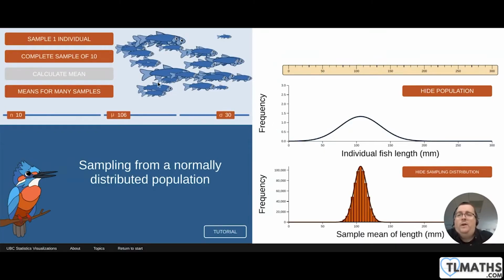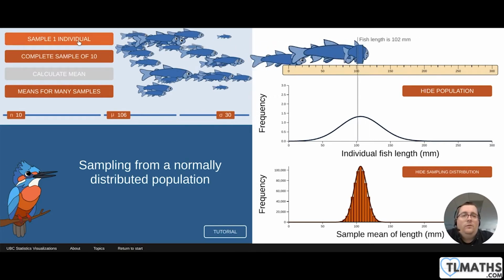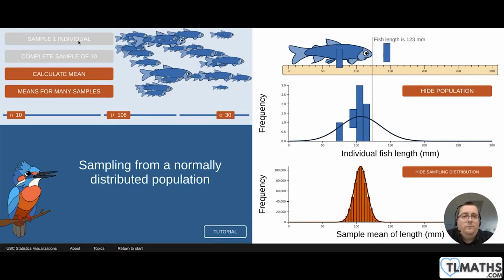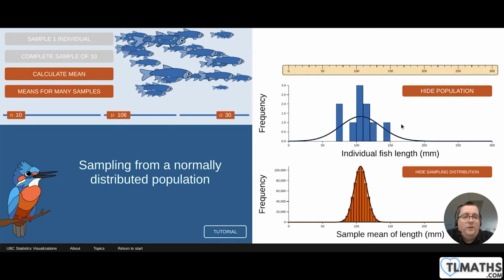Okay, so if we take a sample again of 10 fish, okay, now notice how I got this larger fish here, which in the grand scheme of things, you know, is unlikely, but possible. And I got these two smaller fish here, which again, unlikely, but possible.